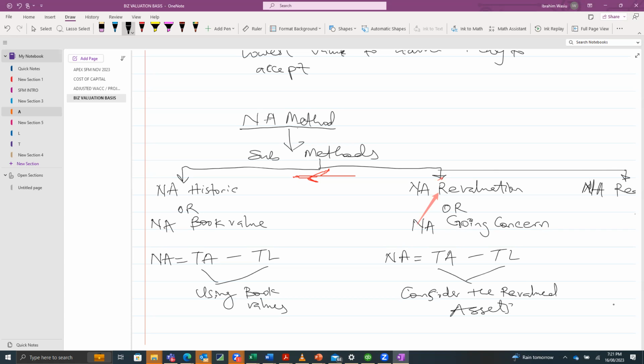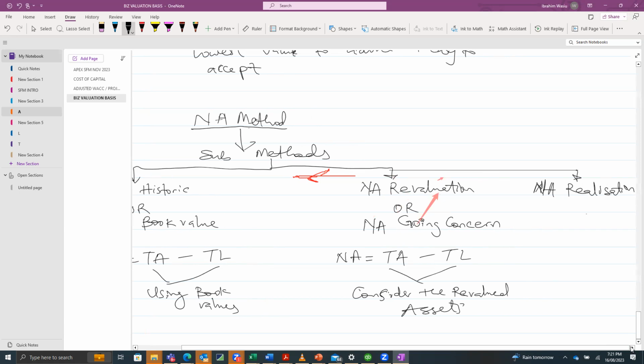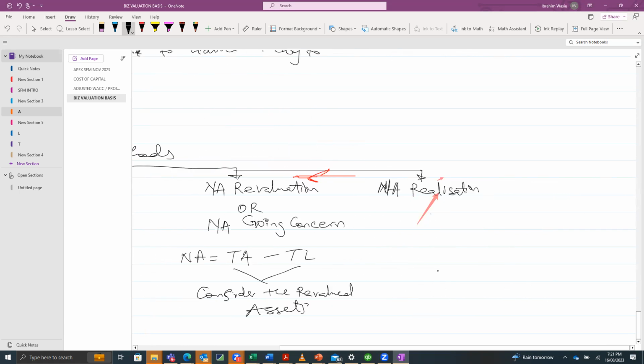Are you on the same page? Are we there? So who can tell us another name for this third method?